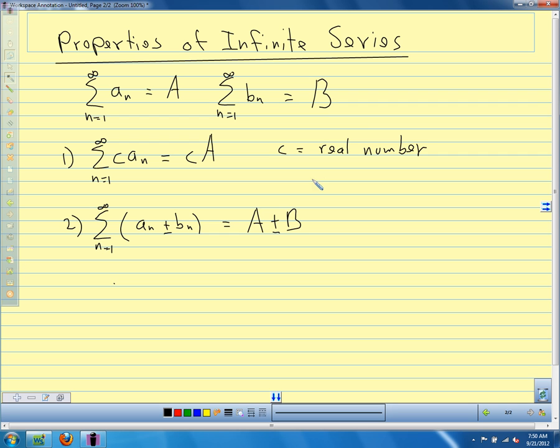And just as a note, the sum of an infinite series, or not the sum, the convergence, isn't affected by deleting a finite number of terms from the beginning.